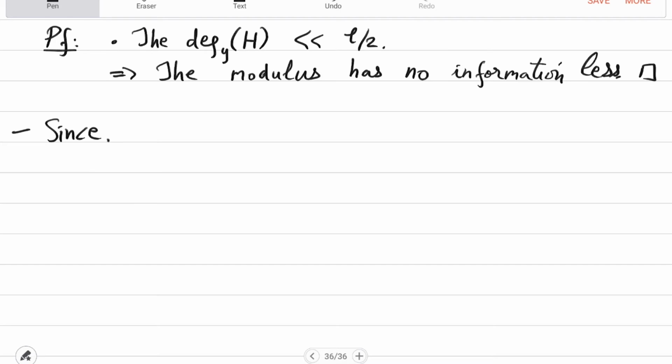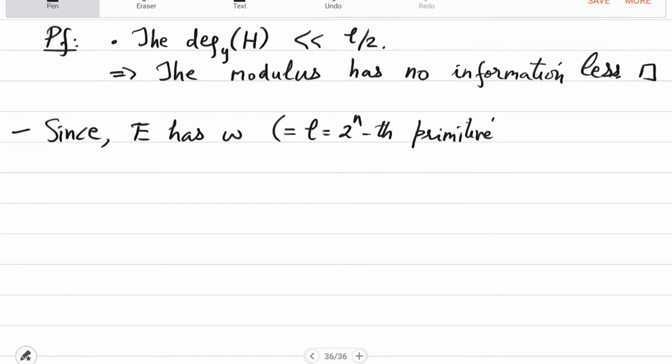Note that E has omega, so you can do the 3-step DFT multiplication. You can do the FFT. So since E has omega, which is an L or 2 raised to n-th primitive root of unity, FFT is allowed, and obviously you are also assuming that the characteristic of E is odd or 0.